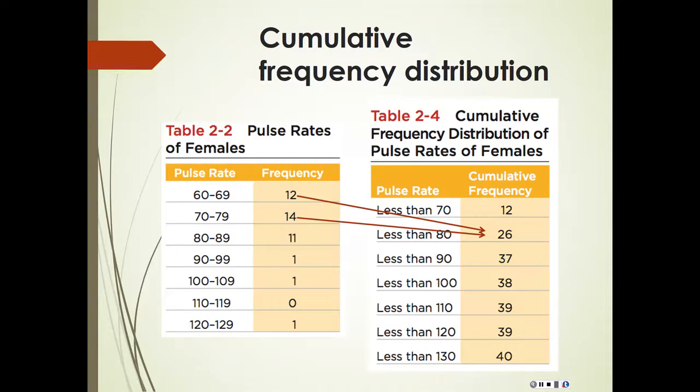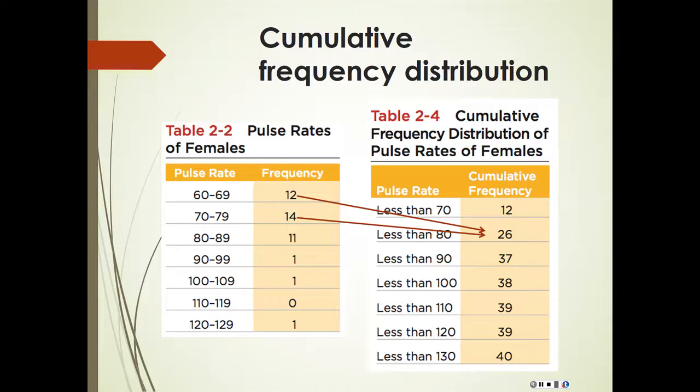Then we can also talk about something called cumulative frequency. Okay? Cumulative frequency means that for your first category, which is all of the women that had pulse rates less than 70, that was only 12 because there were 12 in the first category. But all of the women who had pulse rates less than 80, that was everybody in the 60 to 69 category and everybody in the 70 to 79 category.